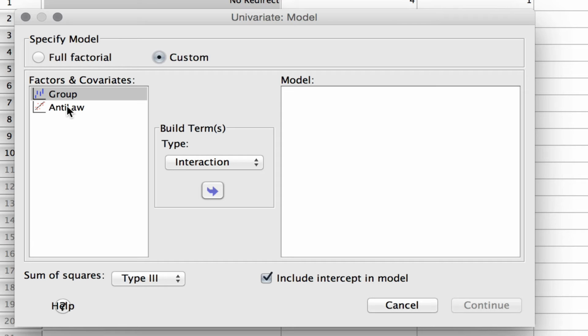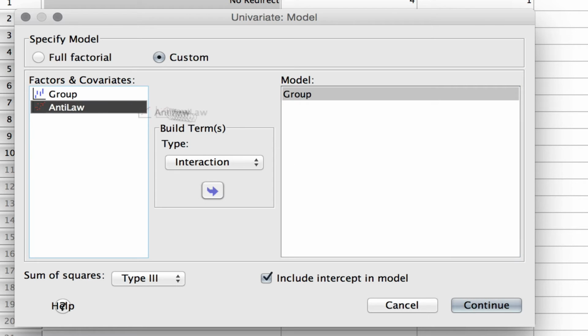So we want to see if the interaction can explain anything over and above the effect of each of our variables. To do that, we're just going to drag both our variables individually across.